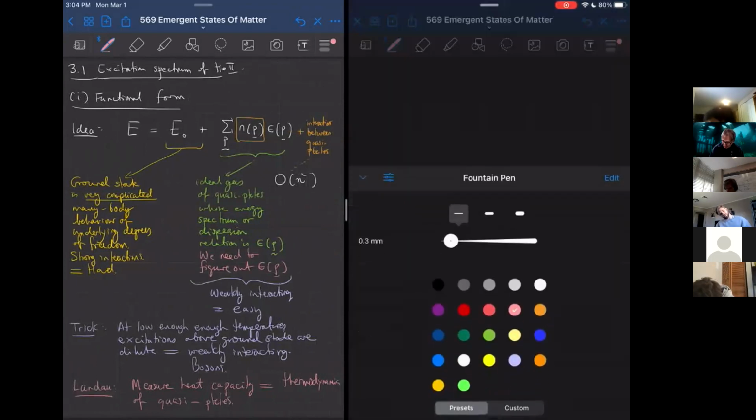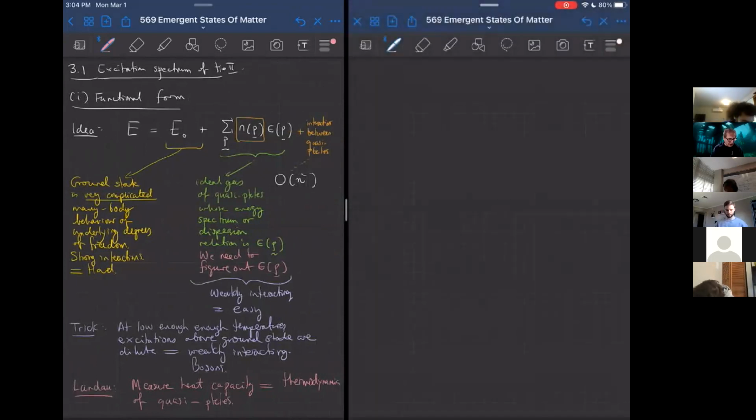So in fact, Landau actually guessed the form of epsilon of p from data on the heat capacity.